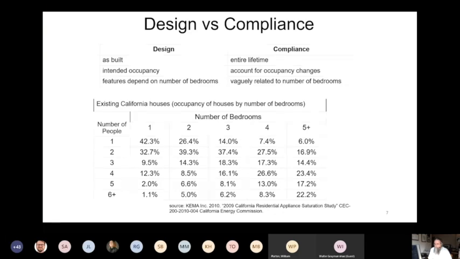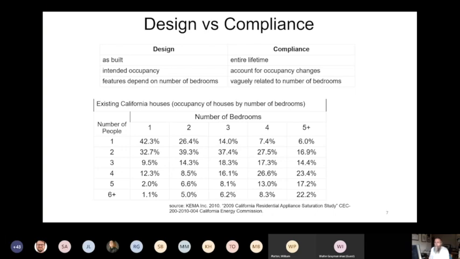This is the way Title 24, which is the building energy efficiency standard in California, we're doing something on this for compliance here. If you're doing code compliance for a house that's going to last 30, 60, 100 years, how do you plan for how many people are in there?